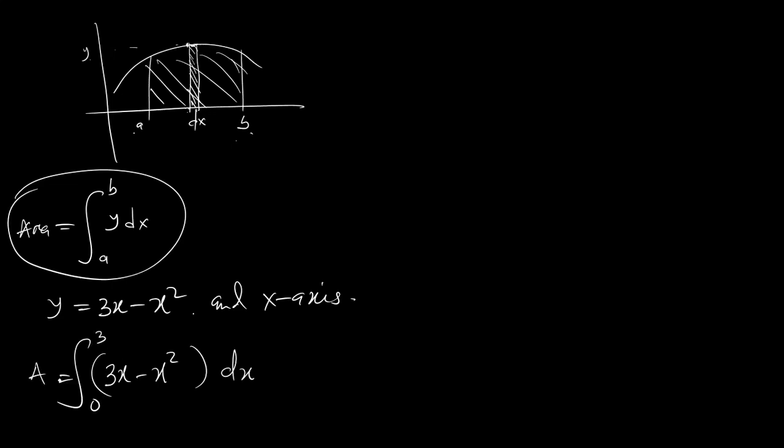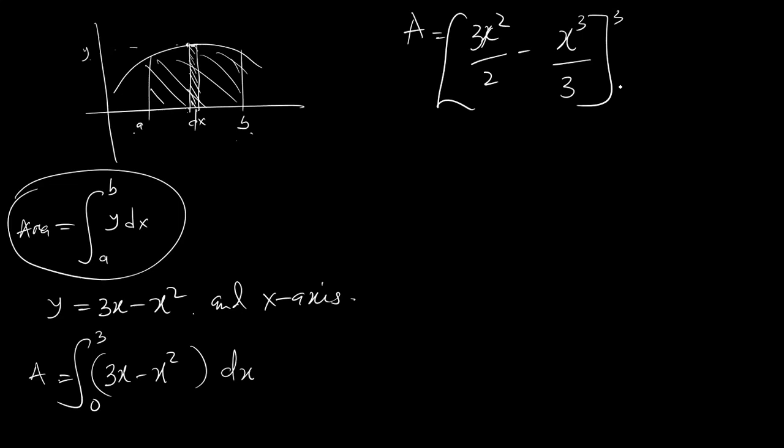So this is the area. To solve for this area, we now integrate. If you integrate, you have 3x squared divided by 2 minus x cubed divided by 3, between 3 and 0.